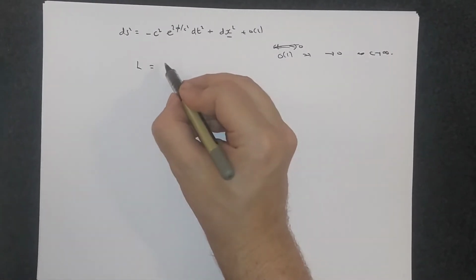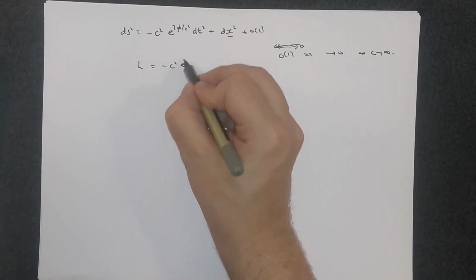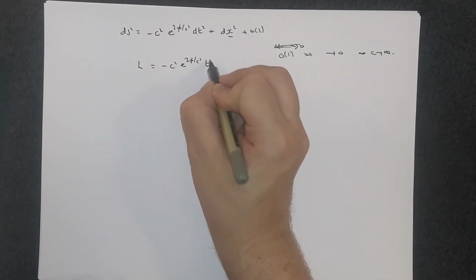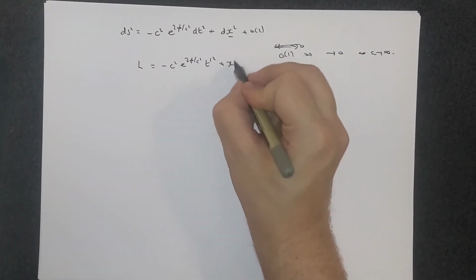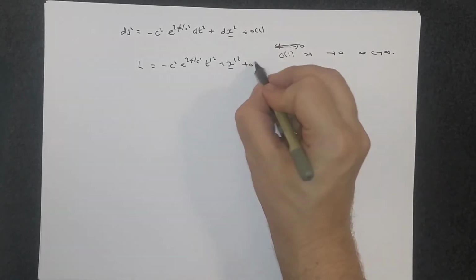L, the Lagrangian, is going to be minus c squared e to the 2 phi over c squared t prime squared plus x prime squared plus little o(1).